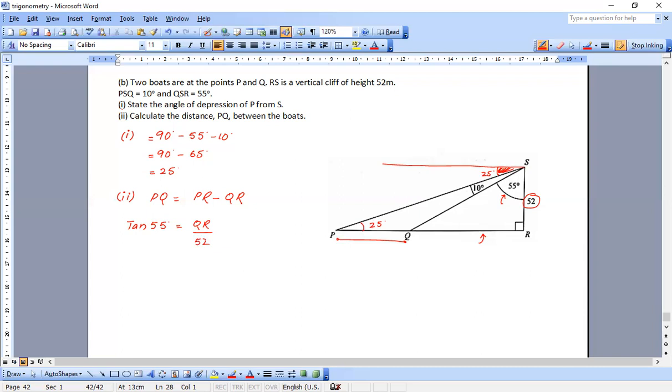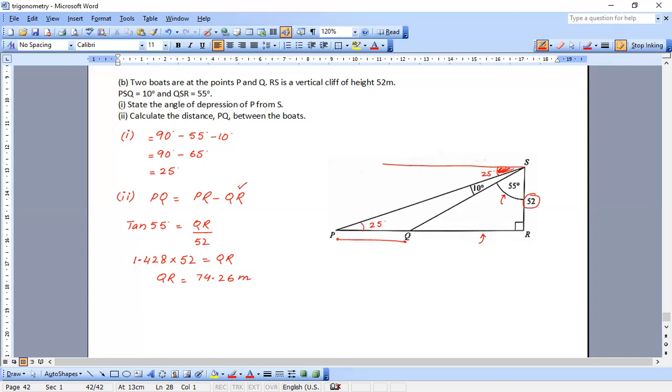Tangent 55 is 1.428. So I'll multiply 1.428 with 52 and I'll get the value of QR. The value is going to be 74.26. QR is equal to 74.26 meters.